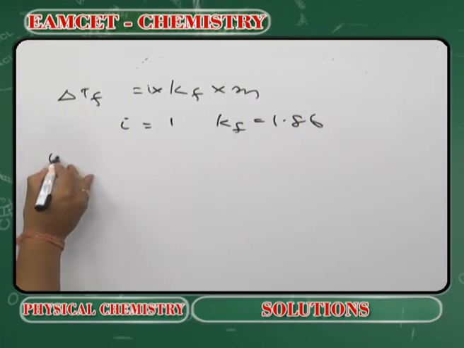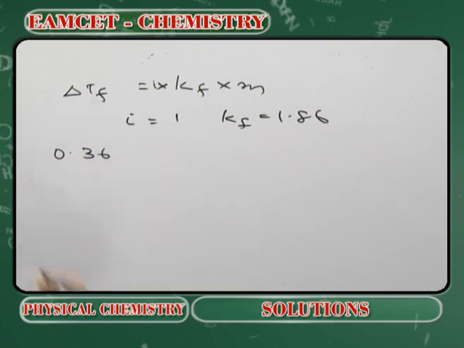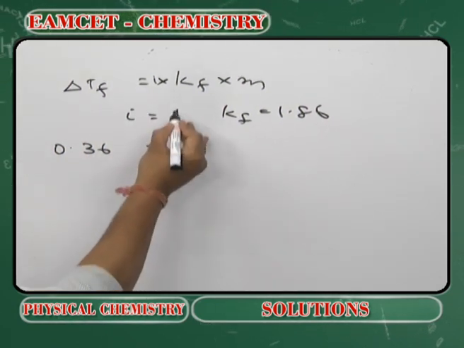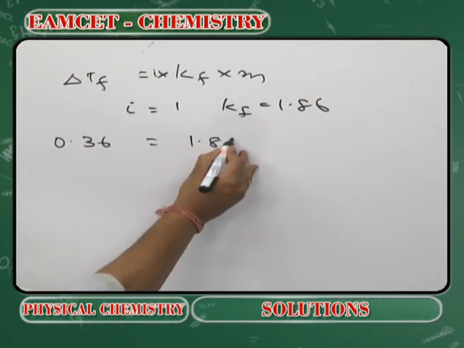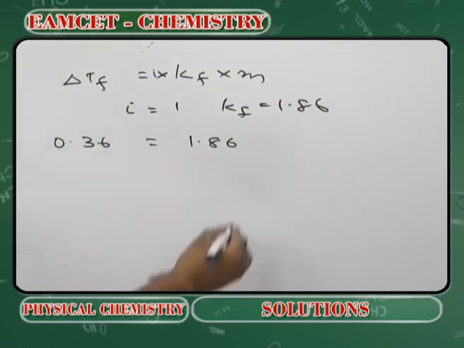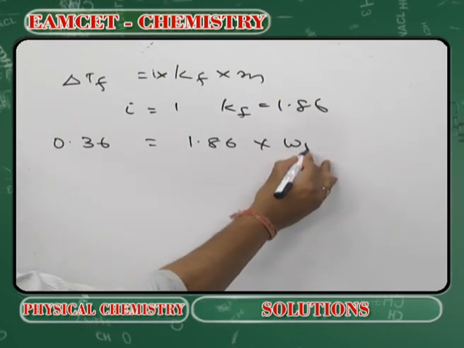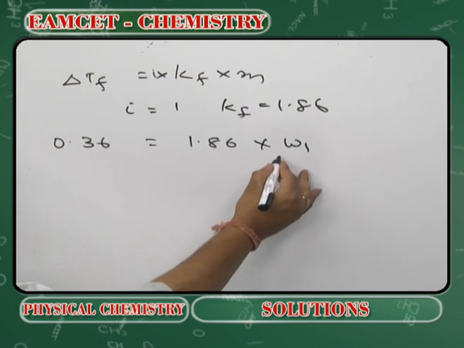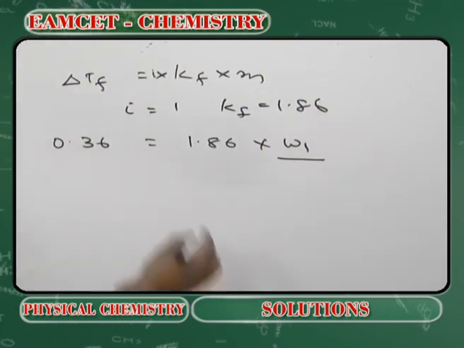Now coming to the delta TF value, we must prevent 0.36. What is the Kf value? 1.86, into W1. What is the molecular weight of ethylene glycol?